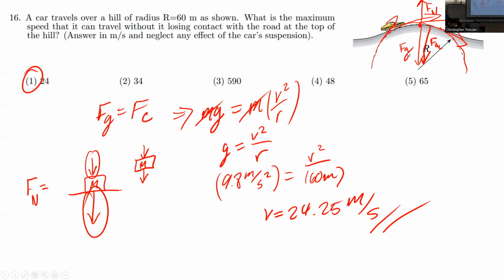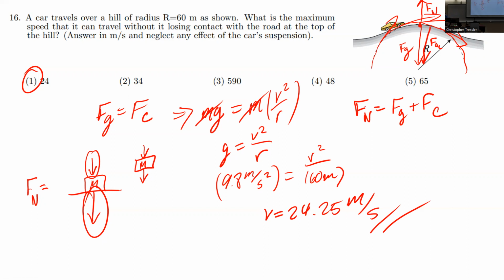Yeah, I think that would work. I don't know if you guys in the Zoom heard what she was saying. She was saying, if we set it up as F_N, the normal force, is equal to F_G plus F_AC, that is the same thing as what I did here.